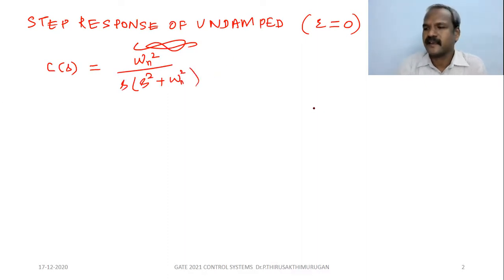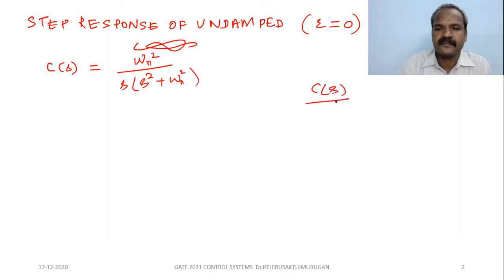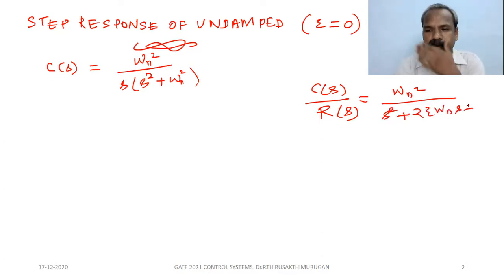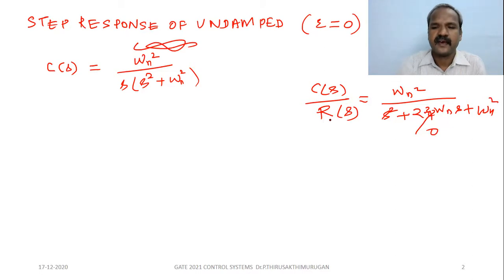The standard second order system is C of S by R of S equal to omega n square divided by S square plus 2 zeta omega n S plus omega n square, in which if you put zeta equal to 0, we'll be getting S square plus omega n square. This R of S is equal to 1 by S for step response.